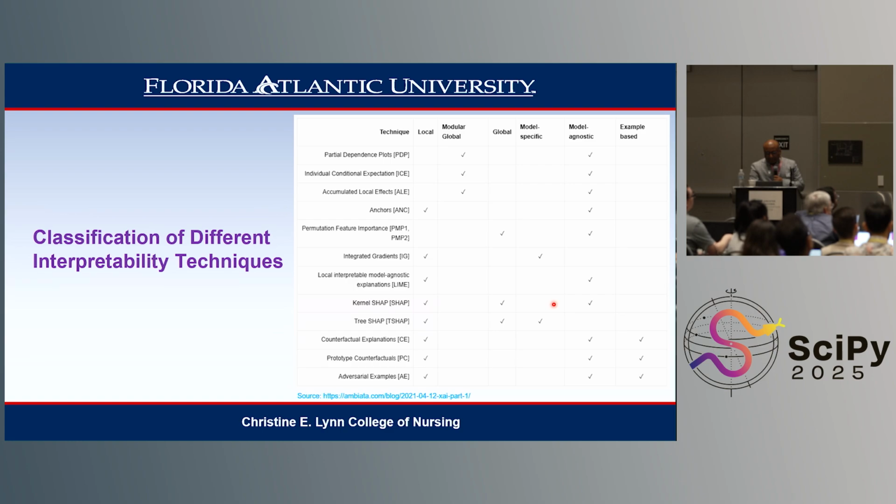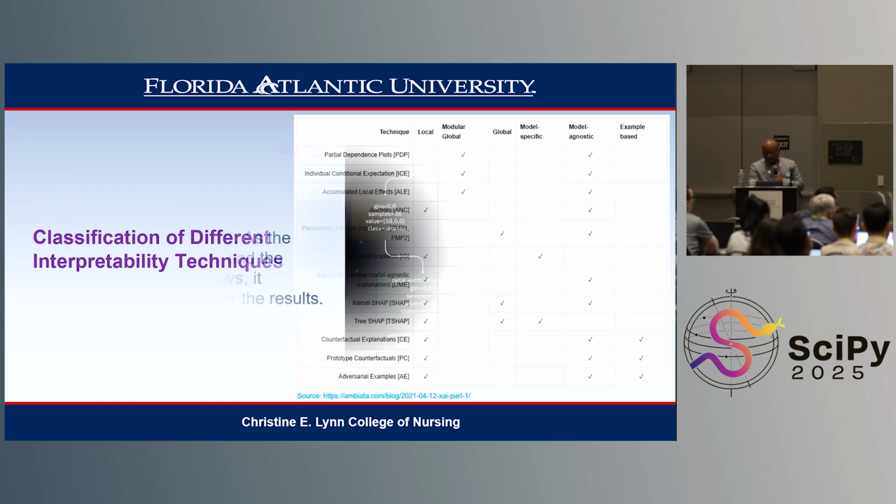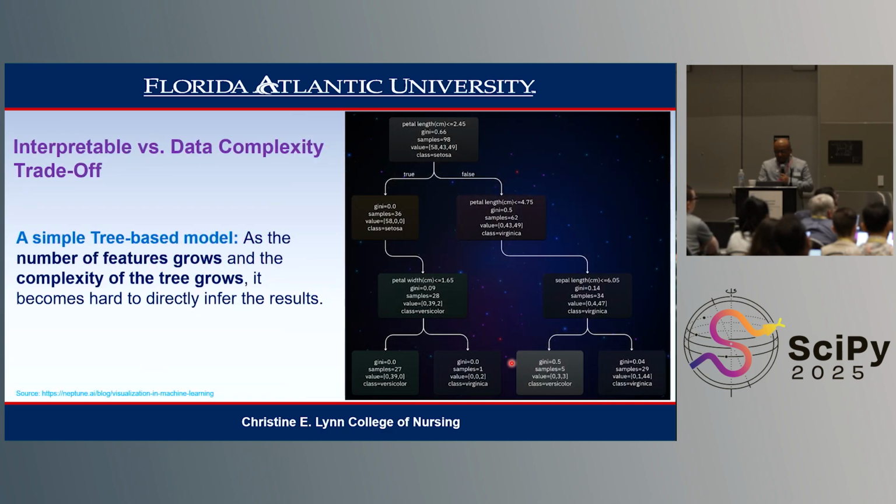Also some methods are local and model agnostic. And some methods are local, global, and model agnostic, all those characteristics. So different methods have different interpretive characteristics.